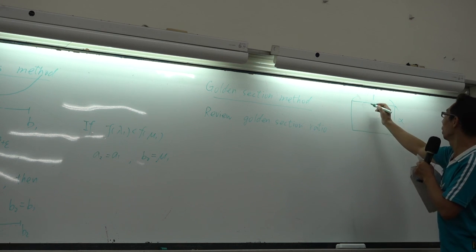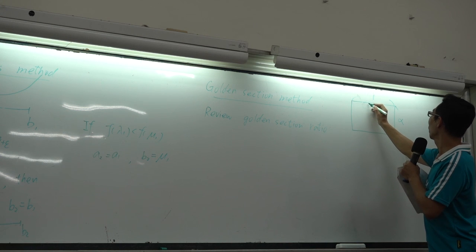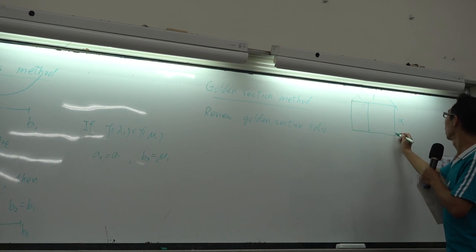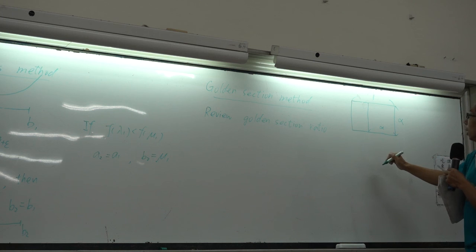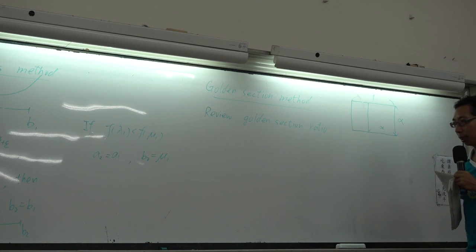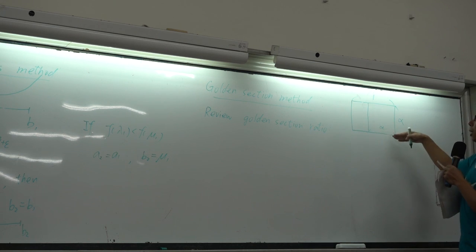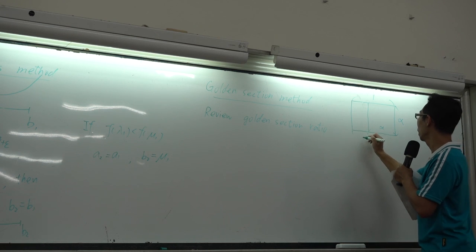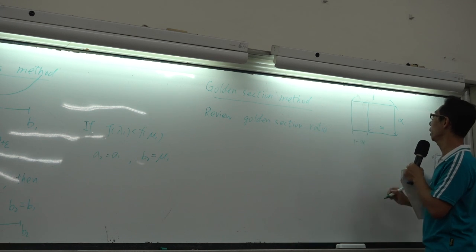No, I shouldn't say the best. What I mean is this. Suppose from this big rectangle, we have this square shape. So alpha is the height and the width. And of course, over here is 1 minus alpha, right?